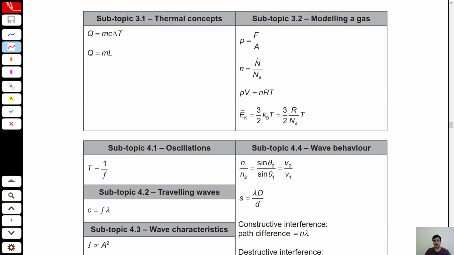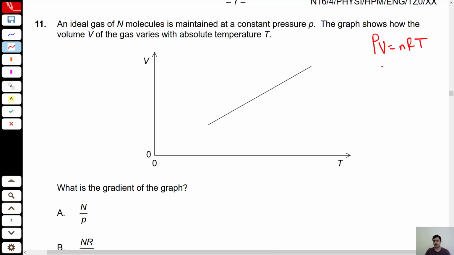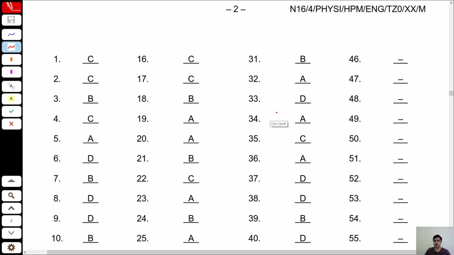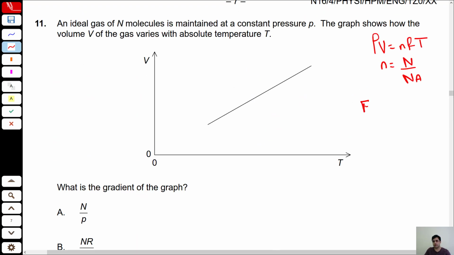The second equation that we will use: n is the number of moles, capital N is the number of particles, and NA is the Avogadro constant. So n equals capital N over NA. Then the third one that we will use is this one: average kinetic energy equals 3 over 2 Boltzmann constant times temperature. Temperature has to be in Kelvin. Let's copy it down here.